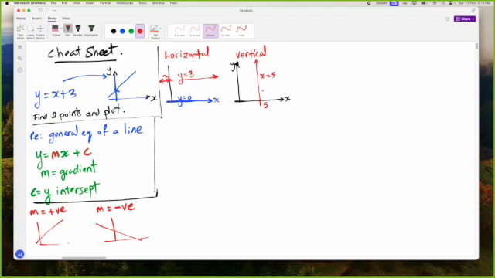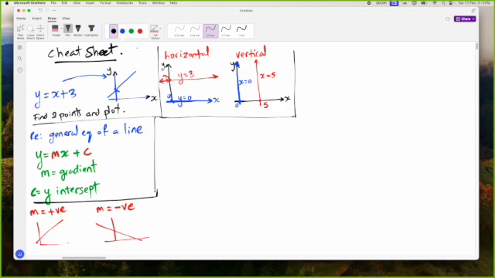The equation of a vertical line is x is equal to something. This is your y-axis, and the equation of the y-axis is x is equal to 0, because it's at the 0 point on the x line. Similarly, the x-axis is at the 0 point on the y-axis. You have to know the difference.